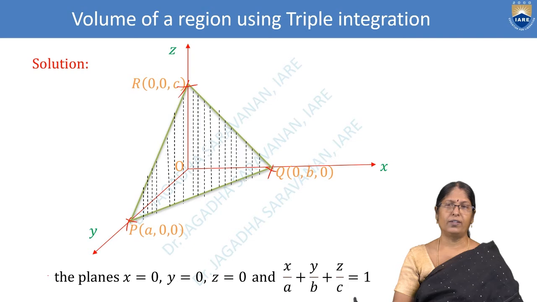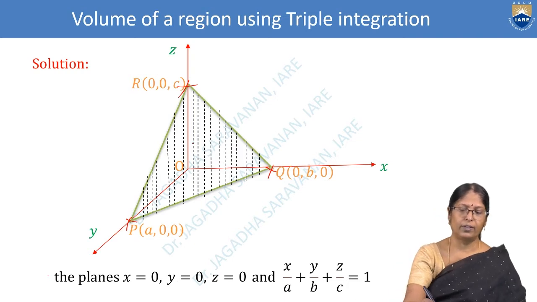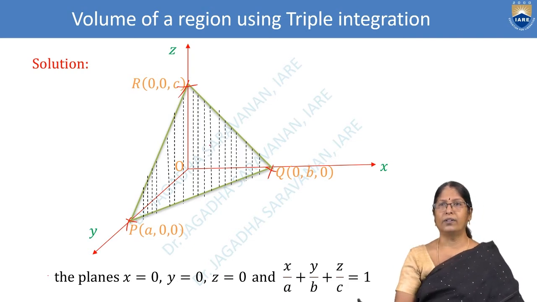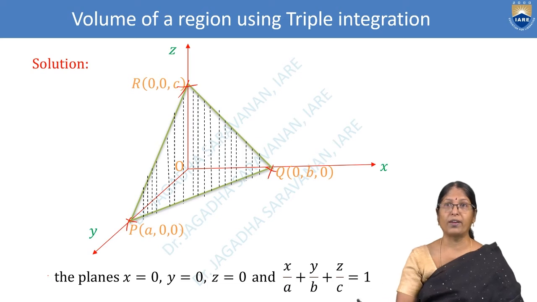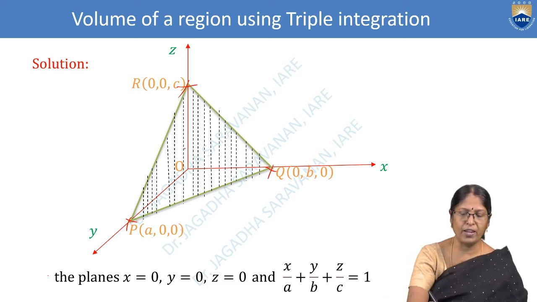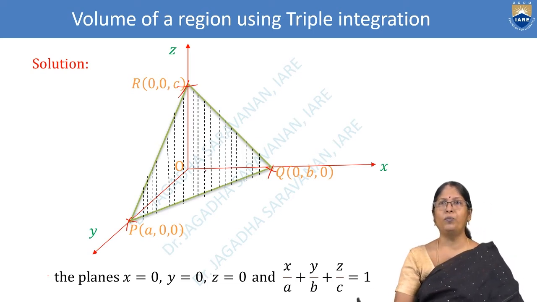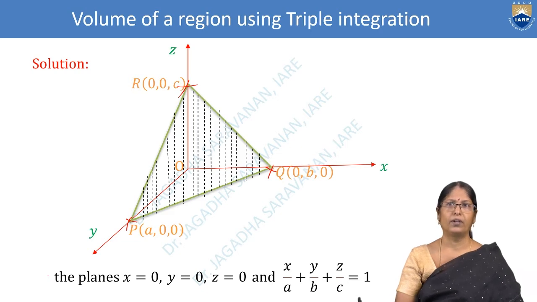You can see the dotted straight lines. This is the complete region whose volume we have to find. For that, the method we are going to adopt is to find the volume vertically.